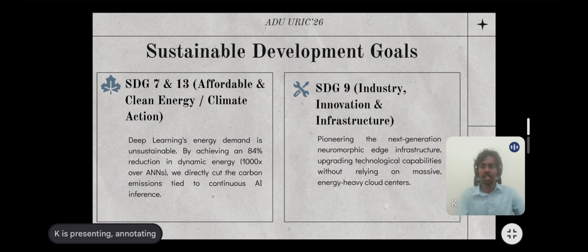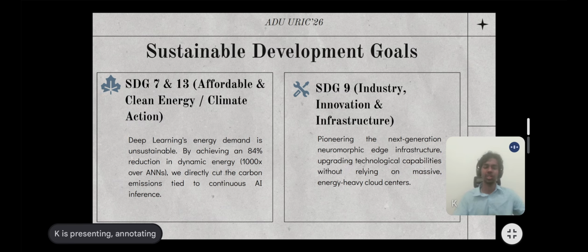What exactly are we targeting with this? We've targeted SDGs 7, 13, and 9. 7 and 13 are affordable and clean energy. As we know, energy demand is on the rise, in fact right now more than anything else, and energy is regarded as one of the most important things with the boom of AI.